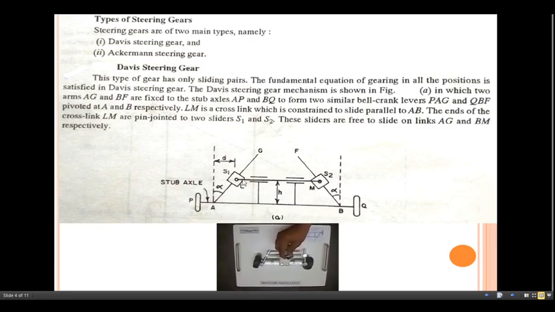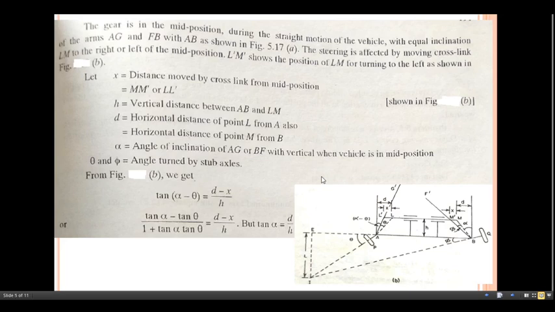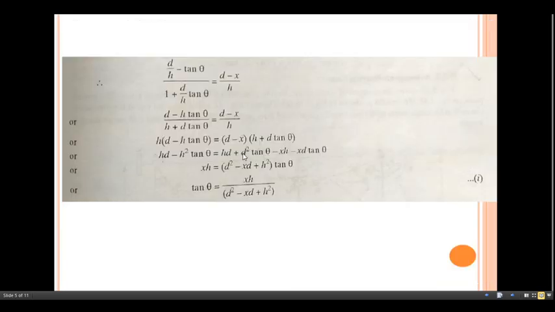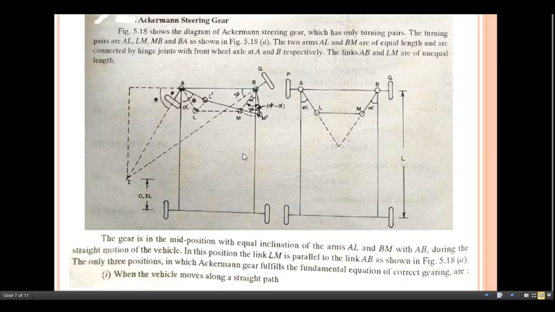Then apart from this, this mechanism satisfies the fundamental equation at all positions, and the Davis mechanism satisfies the fundamental equation only in three positions. It is at the mid position, the extreme left side or the extreme right side.